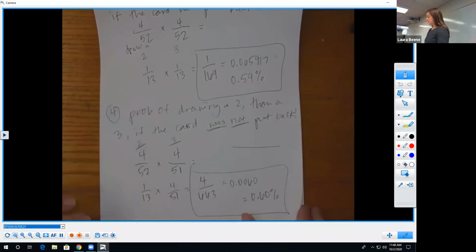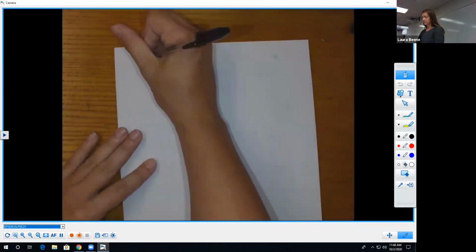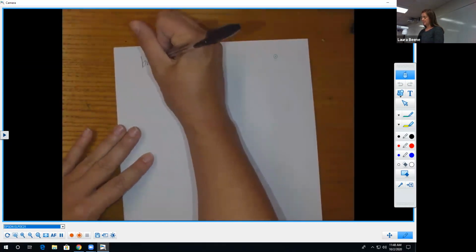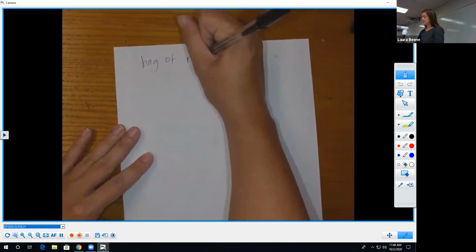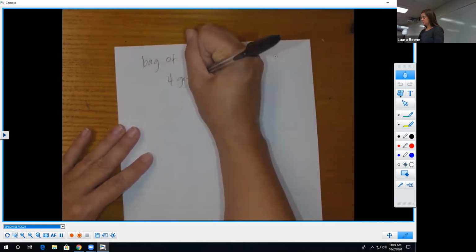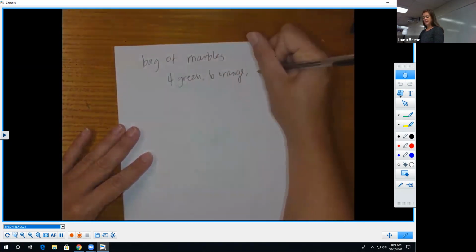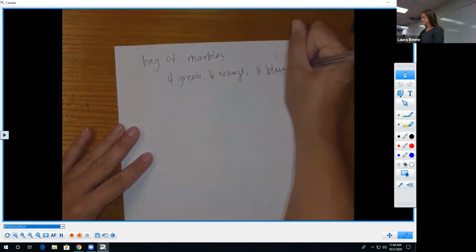Okay, last problem we're going to do is bag of marbles. This is the most common one you see on a standardized test. Okay, so you have a bag of marbles, and in your bag of marbles, we have 4 green marbles, 6 orange marbles, and 8 blue marbles.